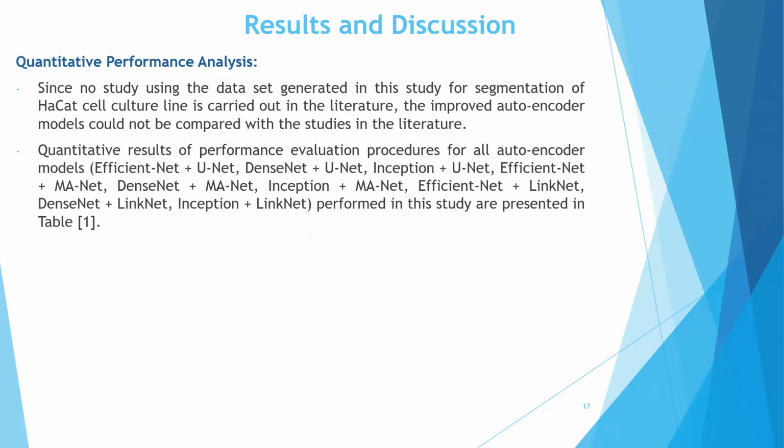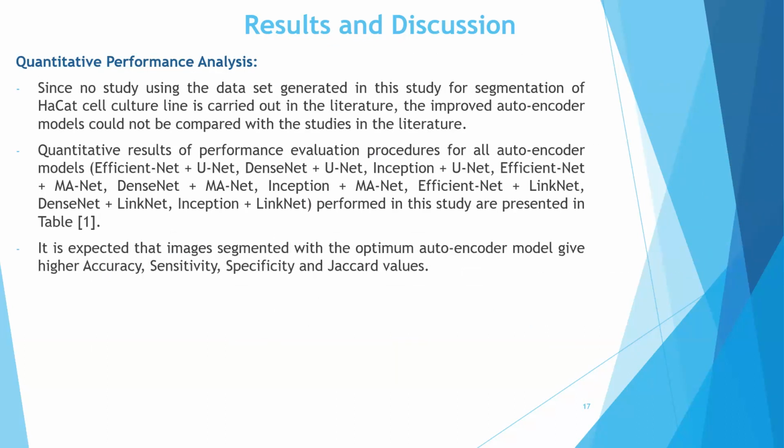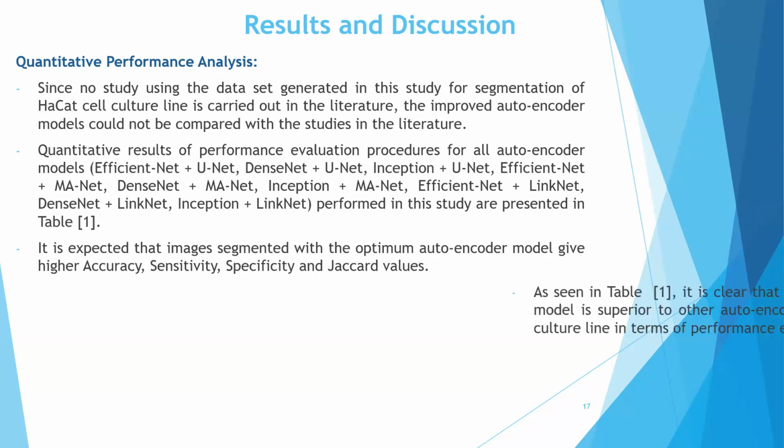Quantitative results of performance evaluation processes for all autoencoder models performed in this study are presented in the tables. It is expected that images segmented with the optimum autoencoder model give higher accuracy, sensitivity, specificity, and Jaccard values.